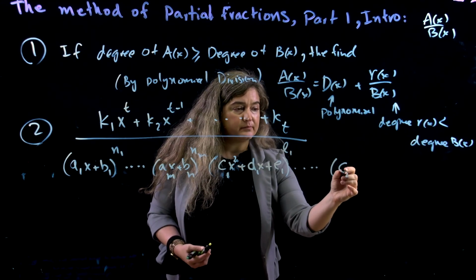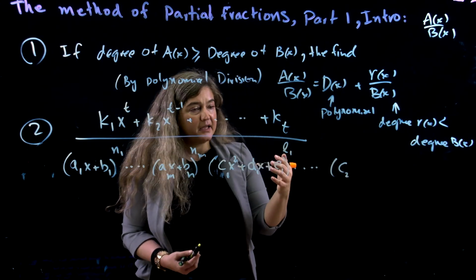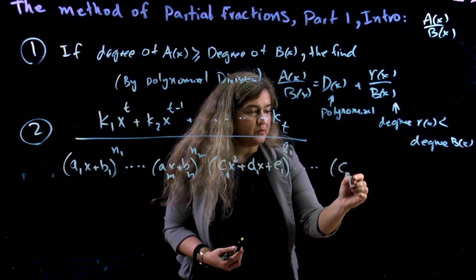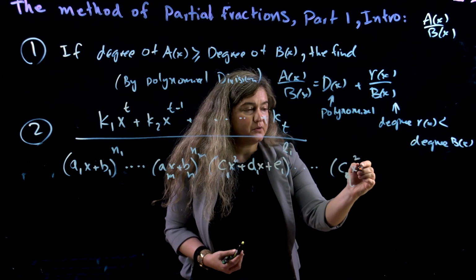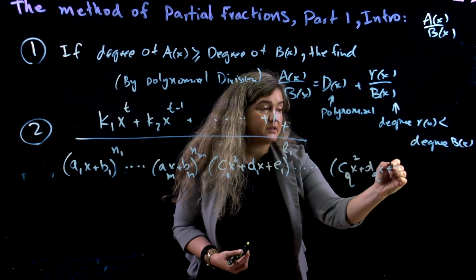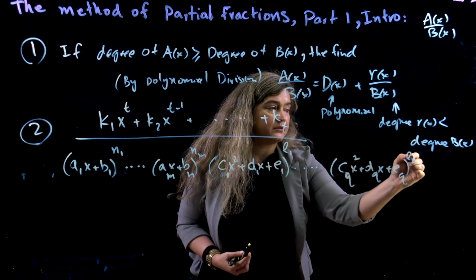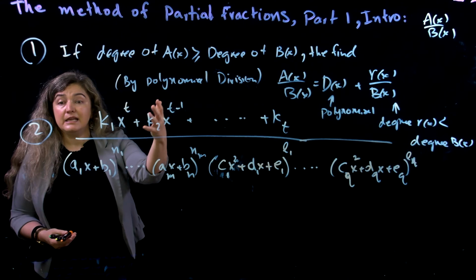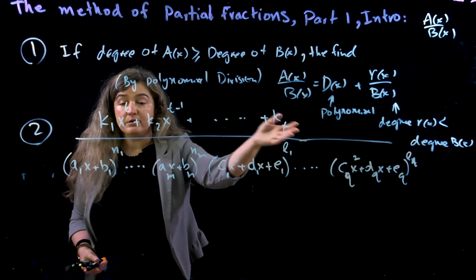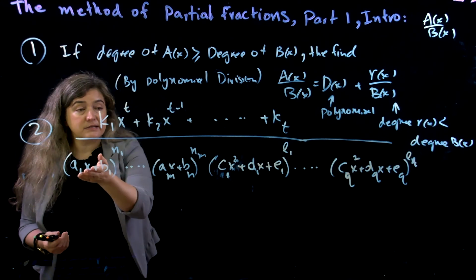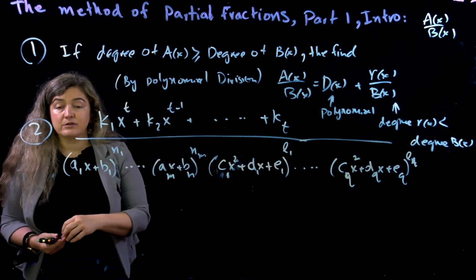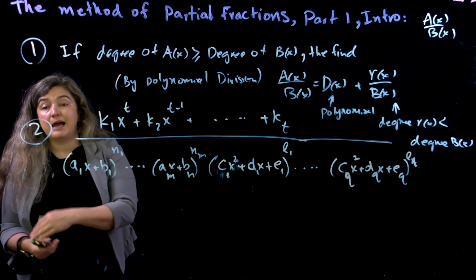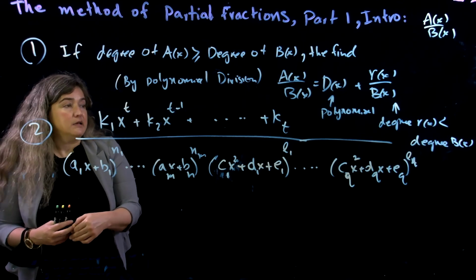So that's the one that I need. I want the numerator to be whatever polynomial it is, and then the denominator to be factored. And I want the numerator to be of degree at least 1 less than the denominator.